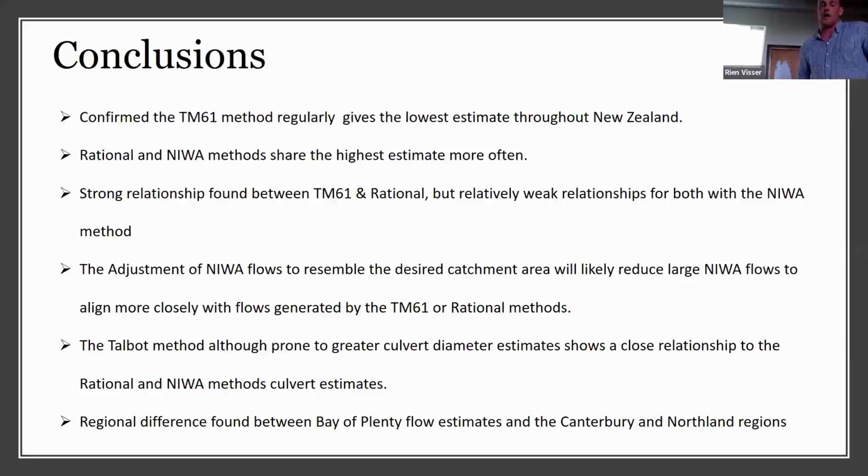It was found across the entire 100 catchments, or 95 catchments, that the rational method consistently gave high estimates compared to the TM61. The adjustment of the NIWA flows to resemble the desired catchment area is likely to reduce NIWA flows to align more closely with the flows generated by either the TM61 or rational methods.